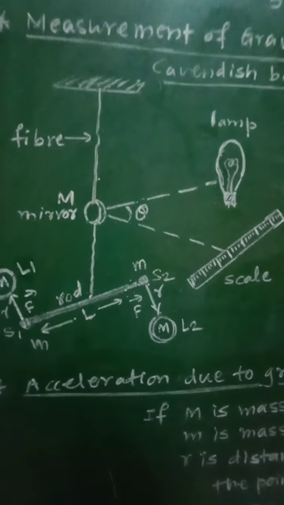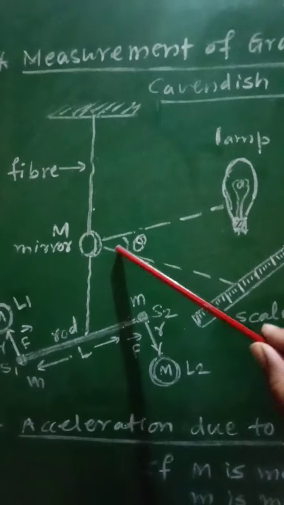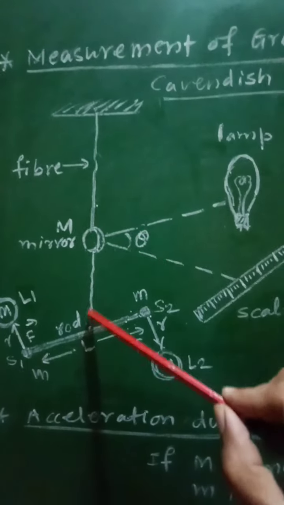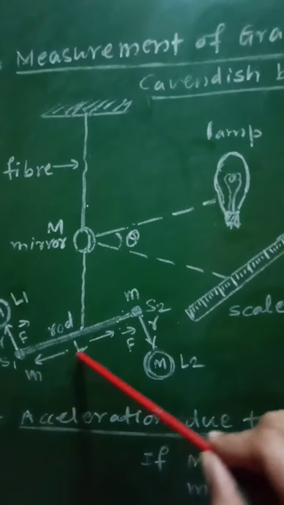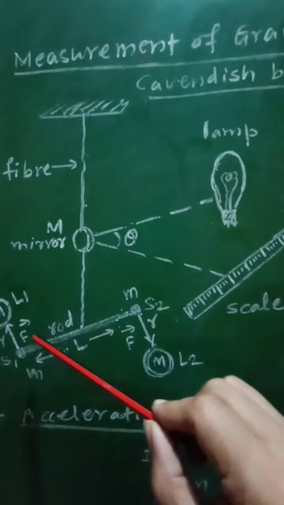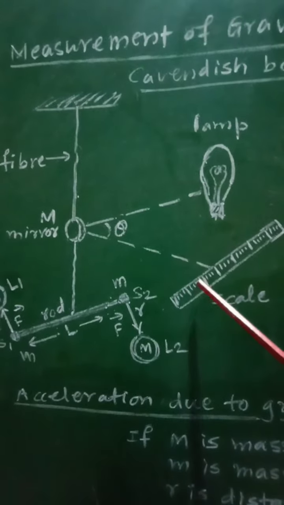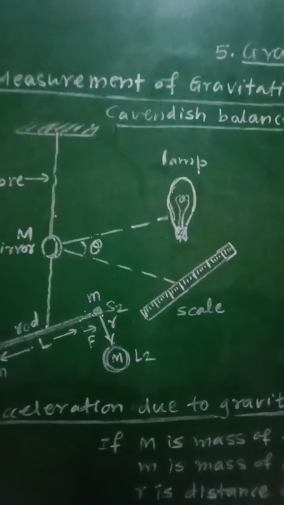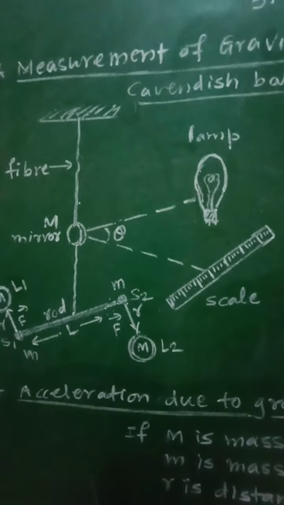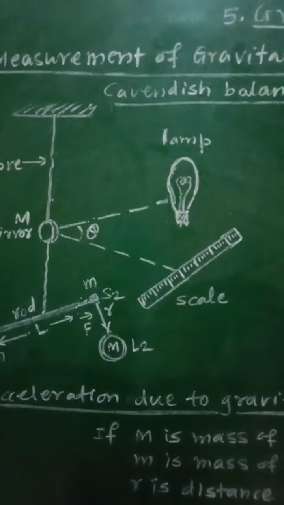So in order to measure the angle theta through which that fiber gets twisted due to the movement of this rod, that can be measured with the help of this scale. So this will be the block diagram for this Cavendish balance.